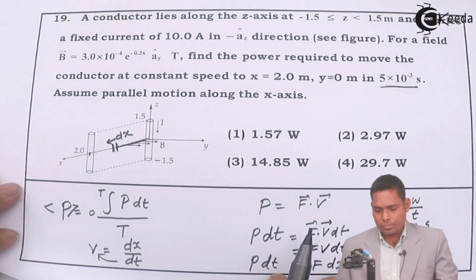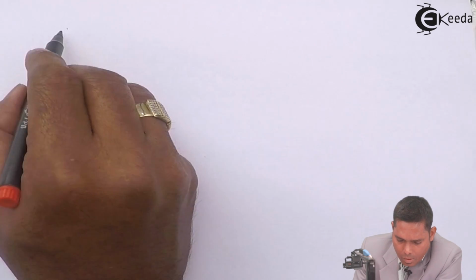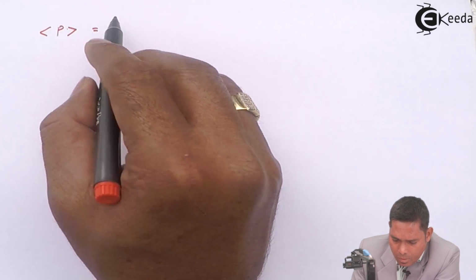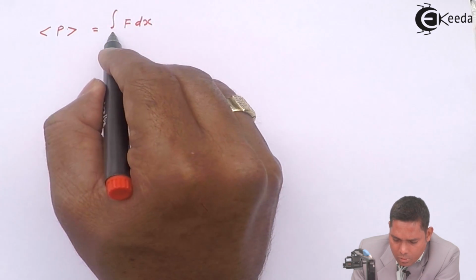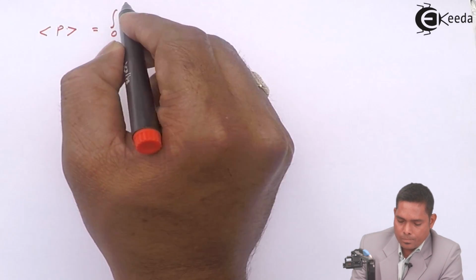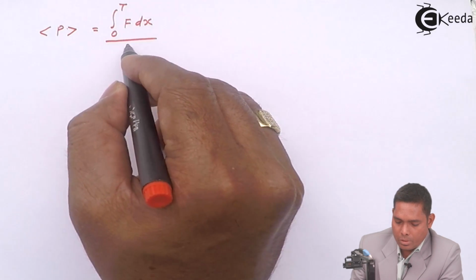So we will write the formula for average power, that is F dx integrated from 0 to t, divided by the total time.